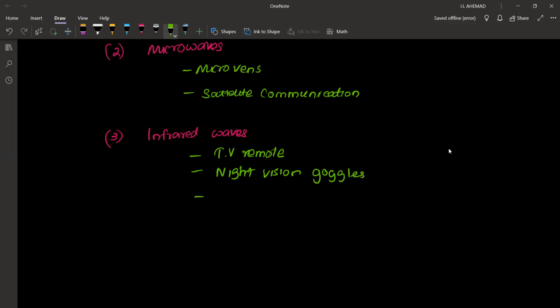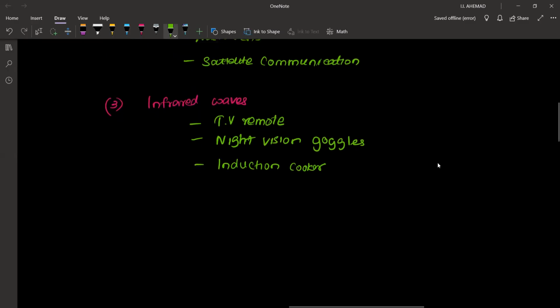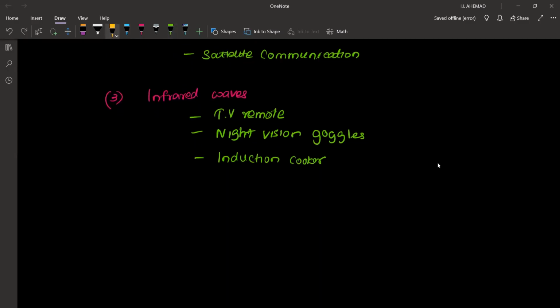So we also use them in induction cooker. And the next type of region, the next zone, that is the visible light.